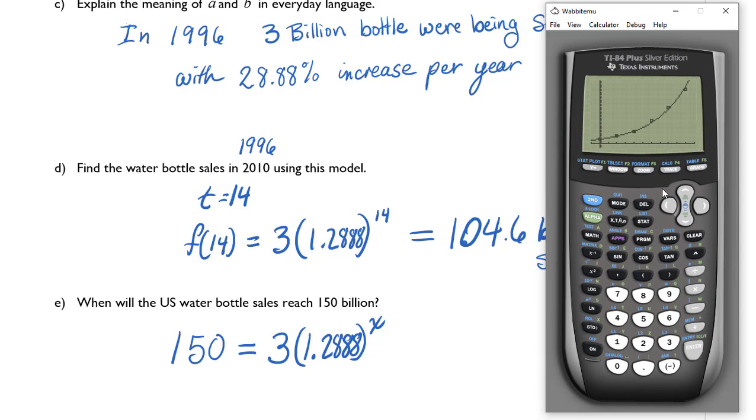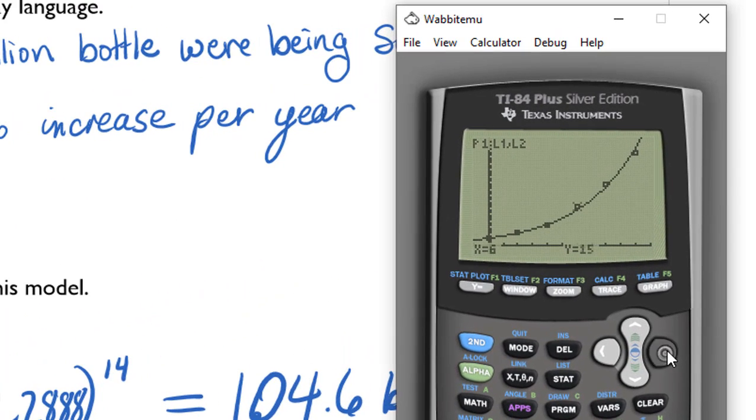So let me show you how you can do that on your calculator. You'll go to Graph, and now we're going to click Trace. And hopefully you can see this little cursor. It kind of looks like a spider crawling up the graph. So if you arrow up or down, it will hop between the data points or the curves.